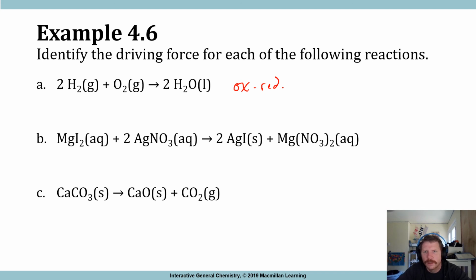And then this last one is a decomposition. Option C here is calcium carbonate breaks down into calcium oxide and carbon dioxide, and that is a good example of another oxidation reduction reaction.